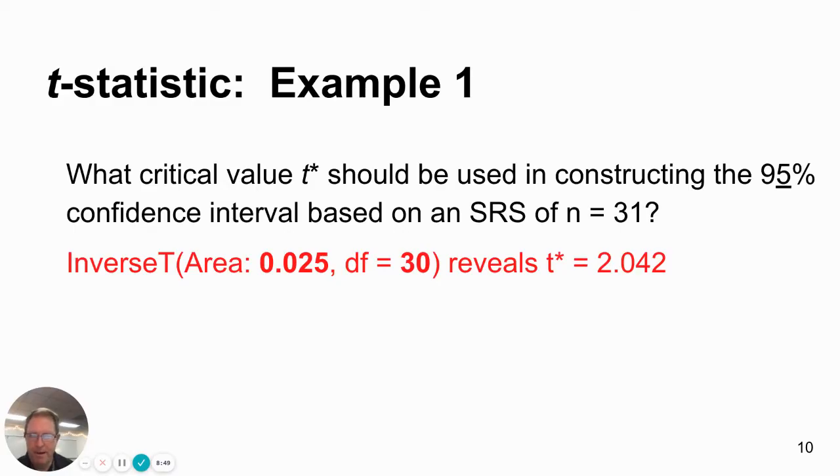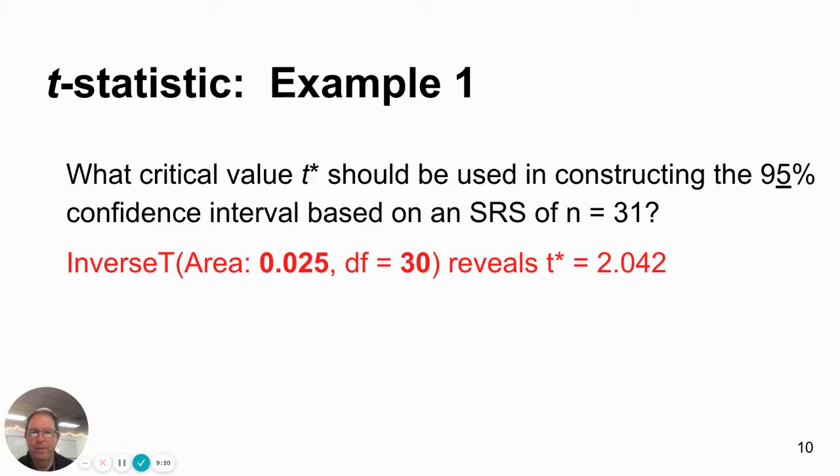Now on our Casio calculator, the inverse t function requires that we input the area in one of the tails. So to get the appropriate t star for a confidence interval, we need to divide the area in the tails by 2. Well, for the 95% confidence interval, we have 5% in the tail. So I divide that by 2 and I get 2.5%, or an area of 0.025.